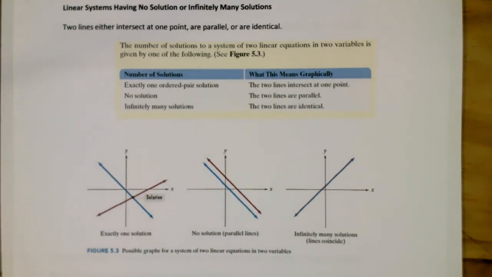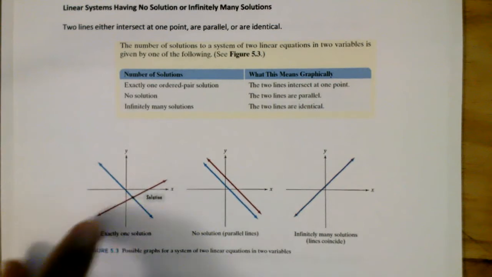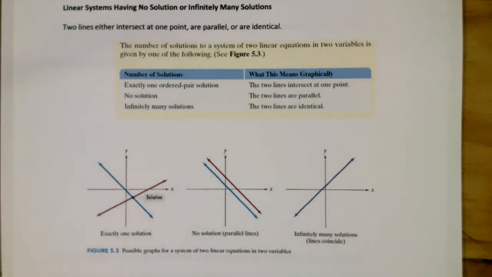Because if you were to graph this on a coordinate plane, it may be difficult for you by sight to see the ordered pair where those two lines intersect to come up with that exact ordered pair, which is why we do the substitution and the elimination methods in the first place.